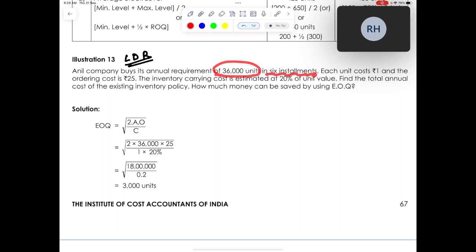So can you please tell me what new detail can be found by linking these 2 points? My annual requirement of raw material is 36,000, which I purchase in 6 installments.